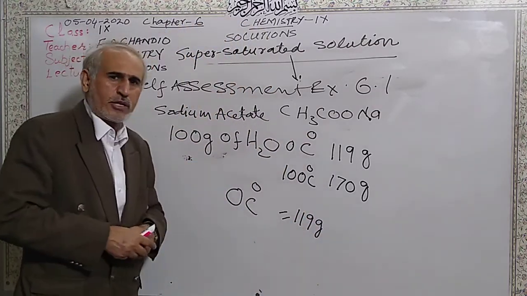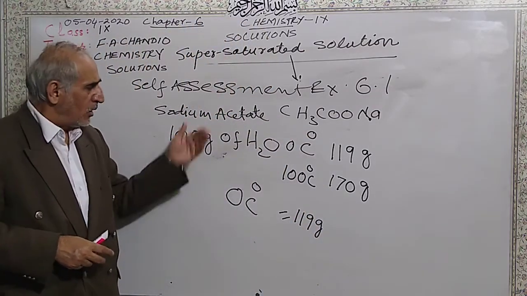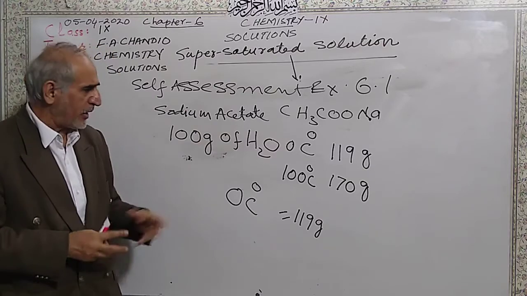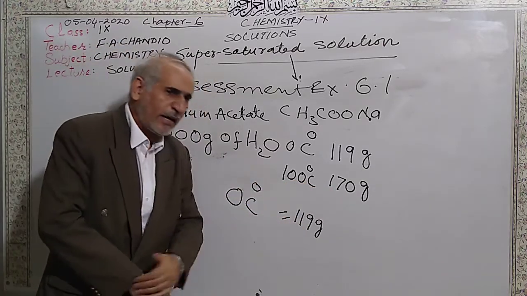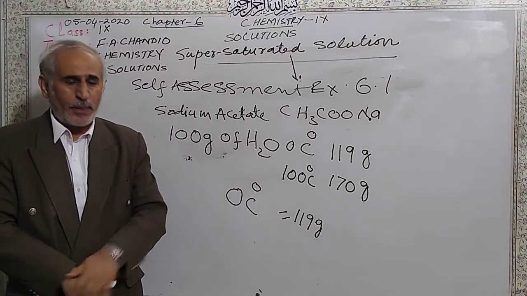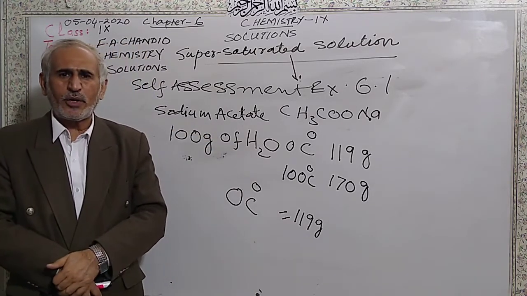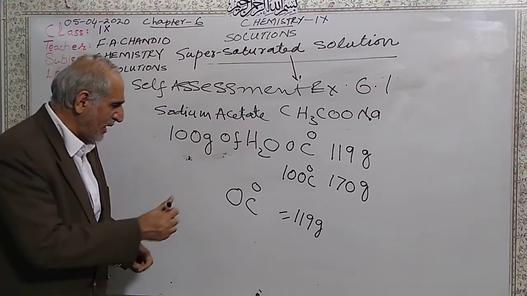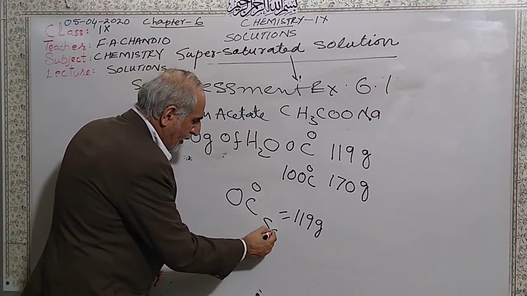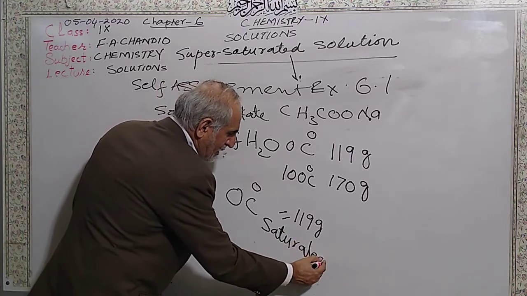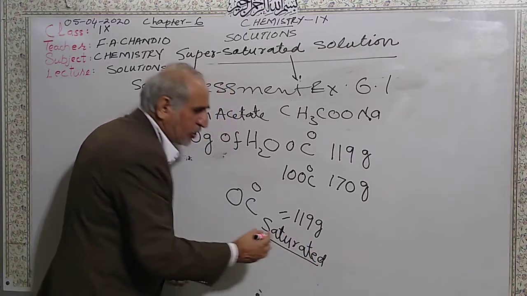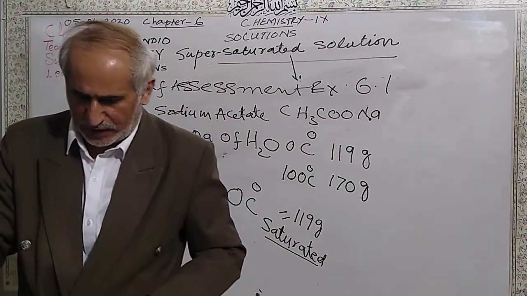This solution is saturated because you are adding 170 and only 119 dissolve. The remaining will settle down at the bottom. So your answer is saturated. The solution is a saturated solution. This is the B answer.